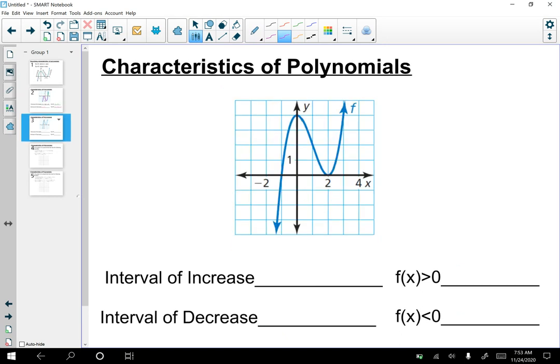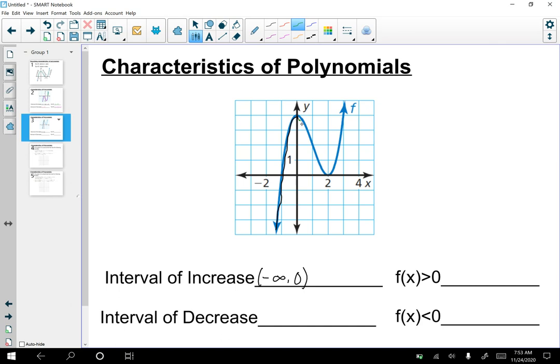I encourage everyone to pause the video now and try the intervals of increase, decrease, and where f of x is greater than and less than 0 with the function shown here. All right, so I'm going to again take my pencil and trace starting most to the left, and I'm increasing from negative infinity to 0.